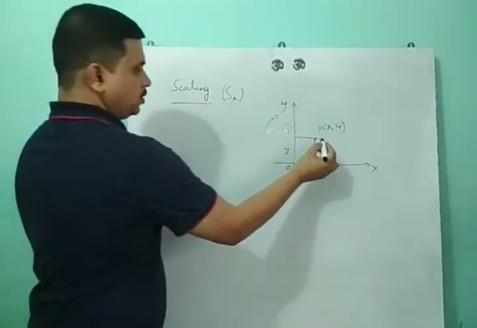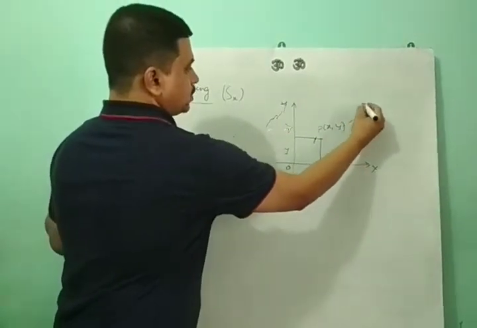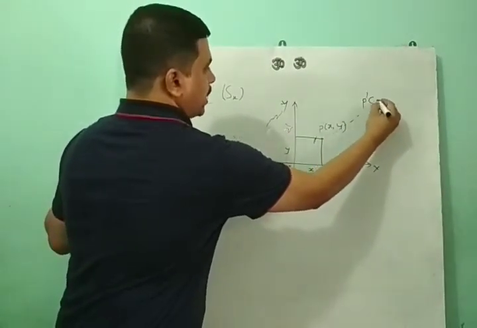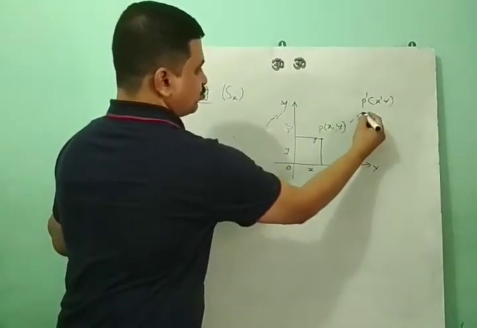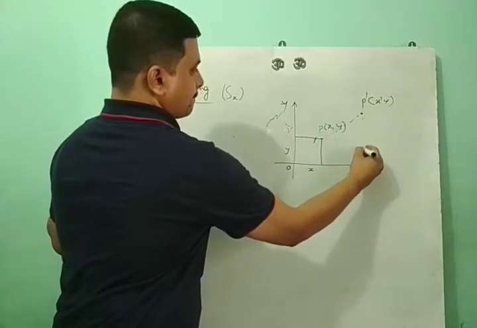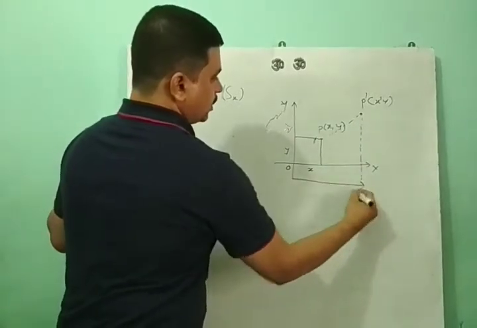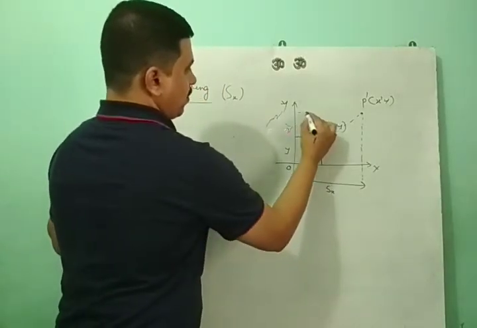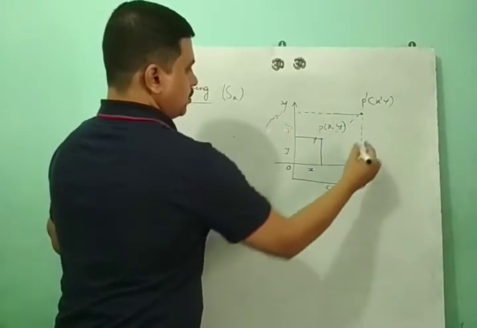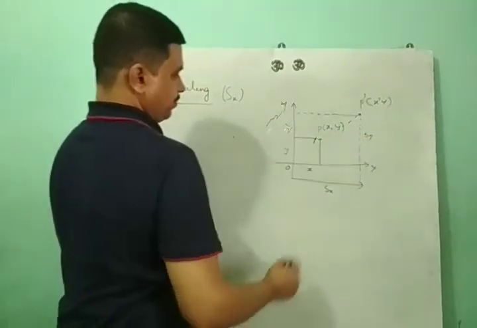When we apply it to this point, this point will change to the new point P dash, x dash, y dash. Then this is nothing but the scaled value Sx. This is nothing but the scaled value Sy.